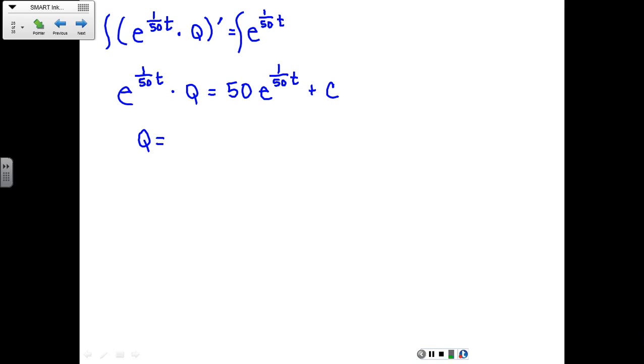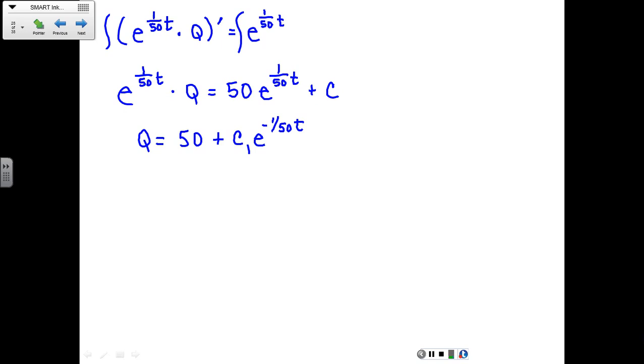If I divide out that e to the 1/50th t, 50 plus C1 e to the negative 1/50th t. Okay?